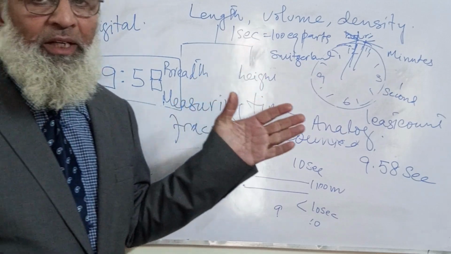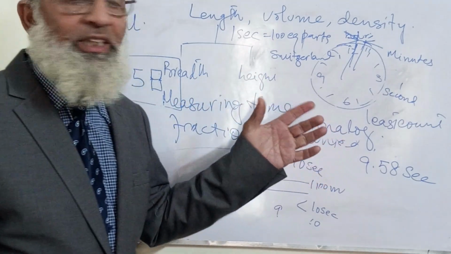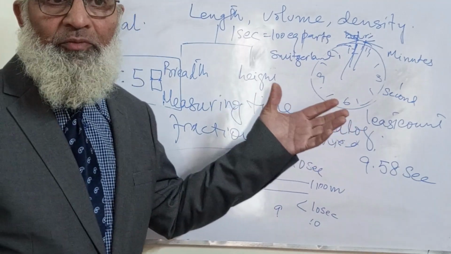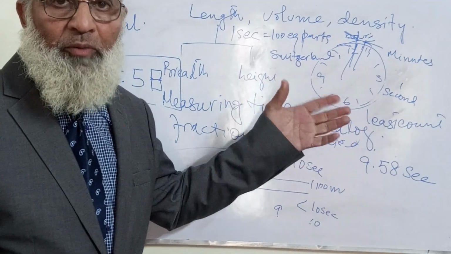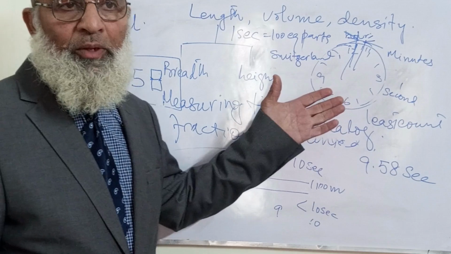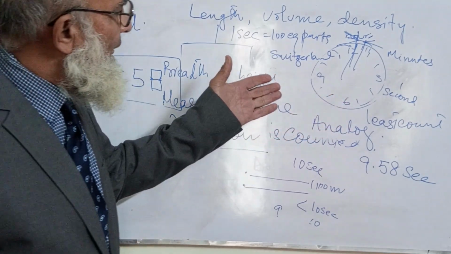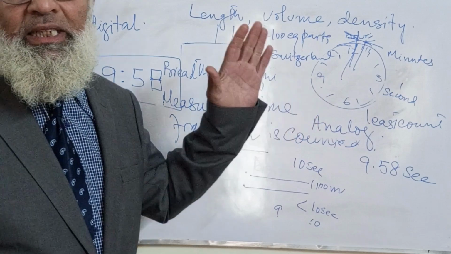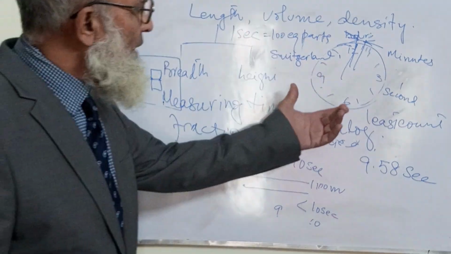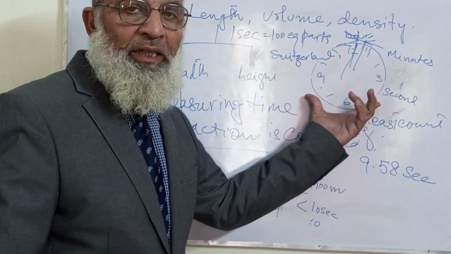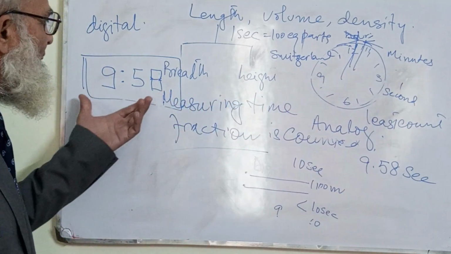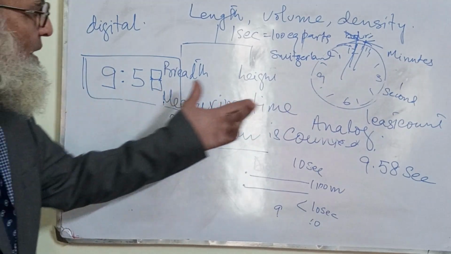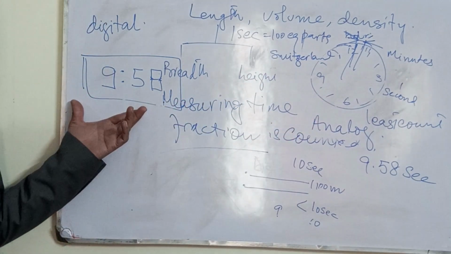You might have heard that there are only 3 watches made by a company in Switzerland, and these are very costly. Even then, they cannot beat the accuracy of digital clocks.